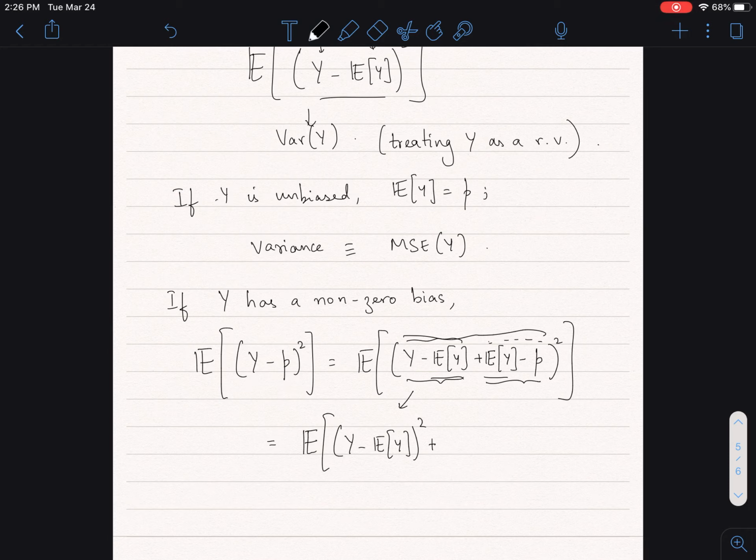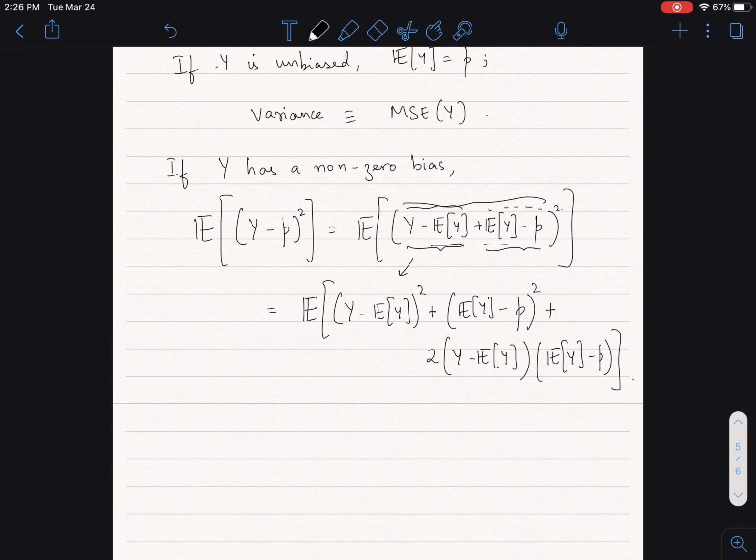So I have a squared plus b squared, which is the expected value of y minus p whole squared, plus 2ab, that is 2 times y minus the expected value of y times the expected value of y minus p. Now linearity of expectation allows me to write the expected value of the sum of three terms as the sum of the expected values of the three terms.